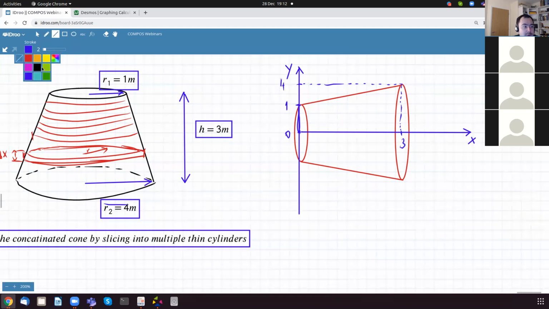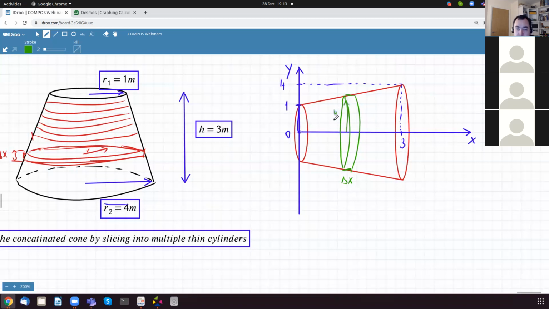And what we are going to do is take the same slice here, delta x. And what we need to do is express the radius in terms of x, but the radius is actually y.